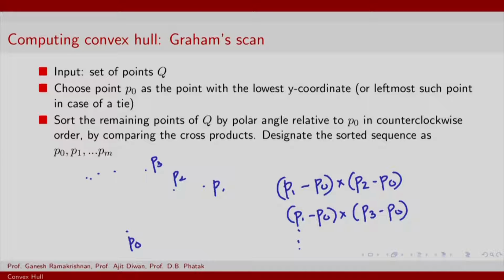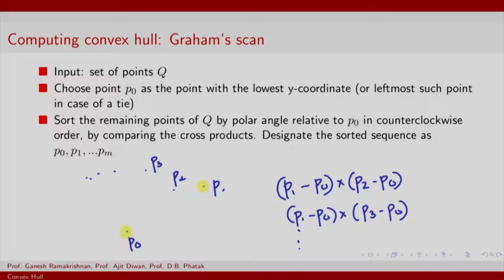So very implicitly we have chosen as our frame of reference the point with the lowest y coordinate and the point with the lowest x coordinate, P0 and P1 respectively, and we are going to look at cross products of Pi minus P0 with P1 minus P0, and we are going to sort those remaining points.